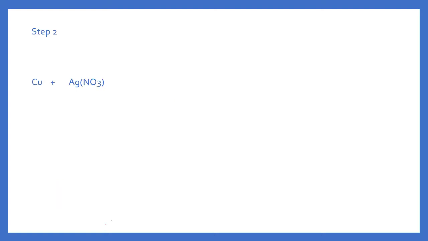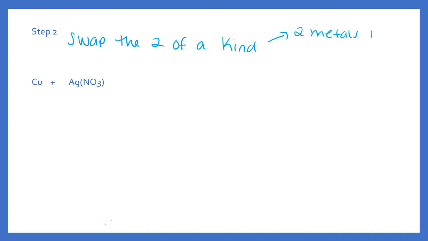So step 2 says that we need to swap the 2 of a kind, meaning if I have 2 metals, they swap. If I have 2 nonmetals, they swap.